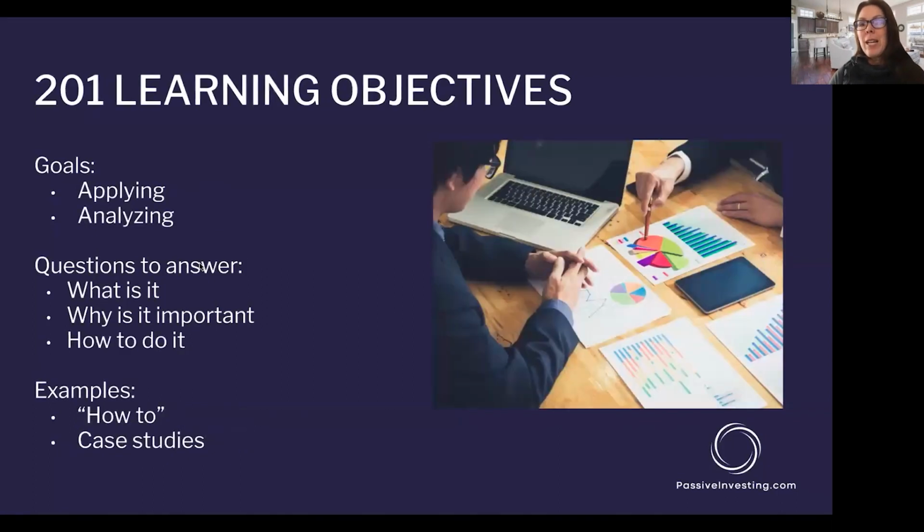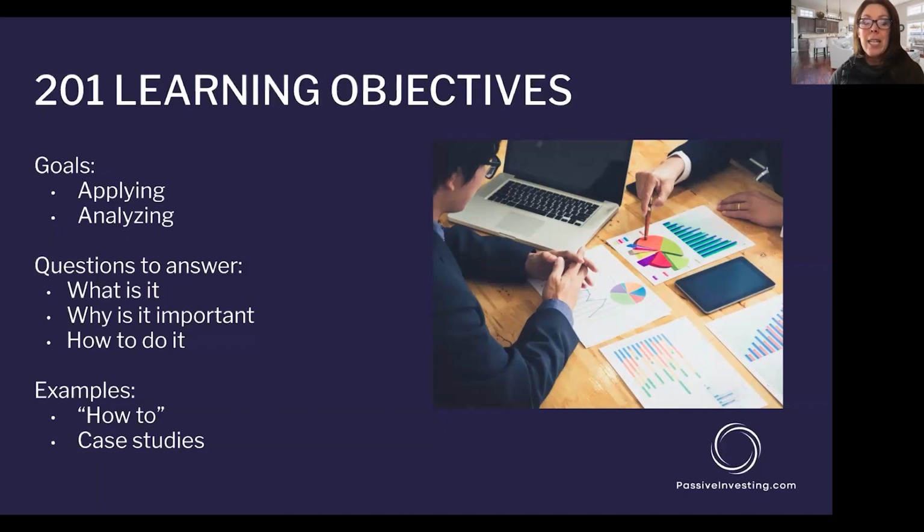All right. Learning objective number 2, getting them to that 201 level. The goal here is we want them to be able to take a concept, apply it, and analyze it. Now, to get everybody on the same page, you're still going to want to do a brief what it is we're talking about, why it's important that you embody or understand this concept.